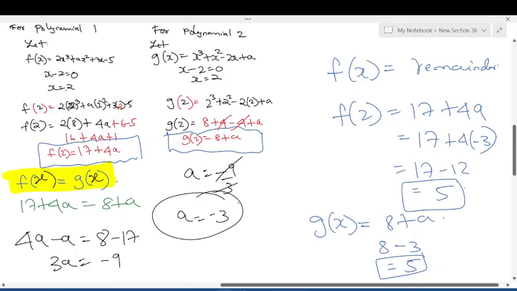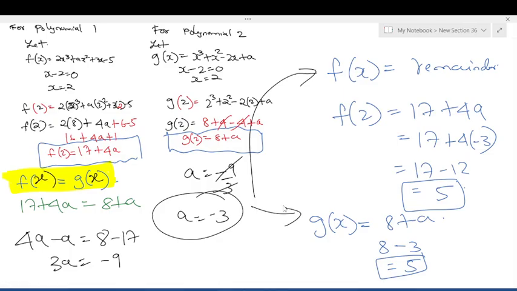Substitute, you'll get the value. Then take the first equation, take the second equation. The remainder is the same. So the remainder theorem is completed.